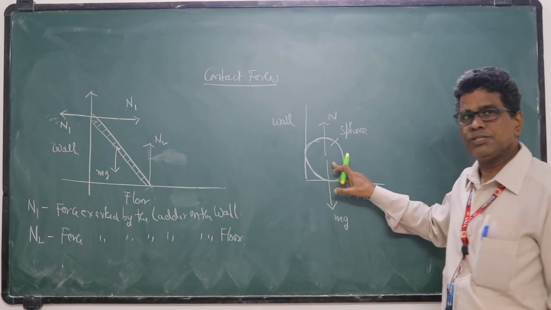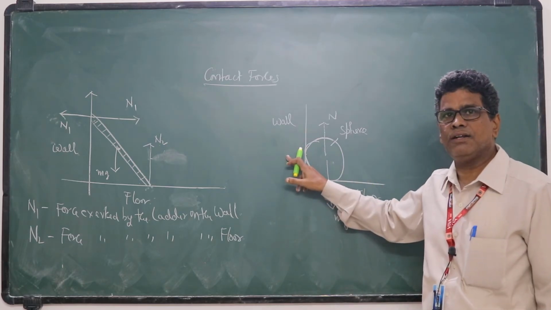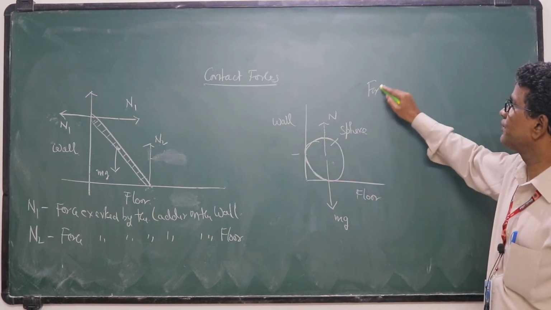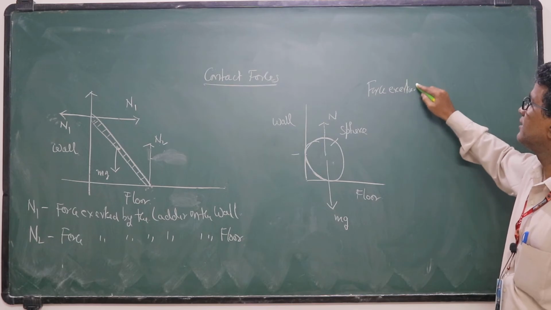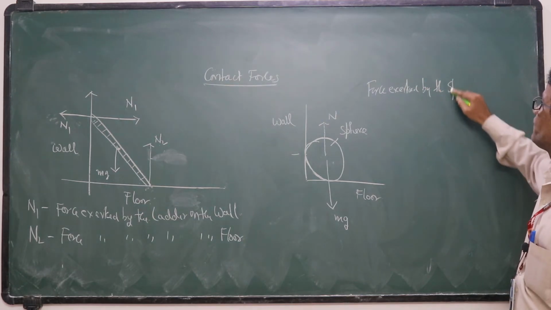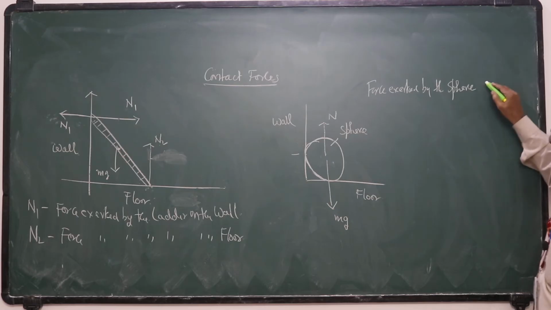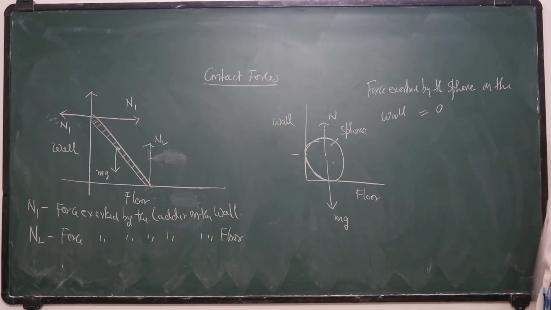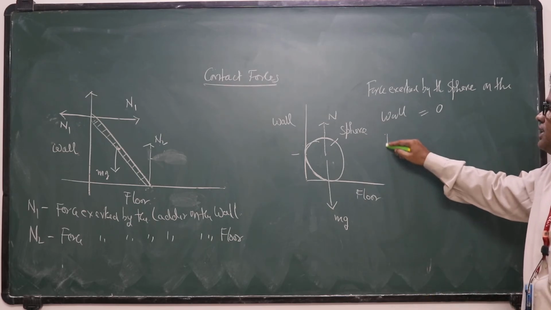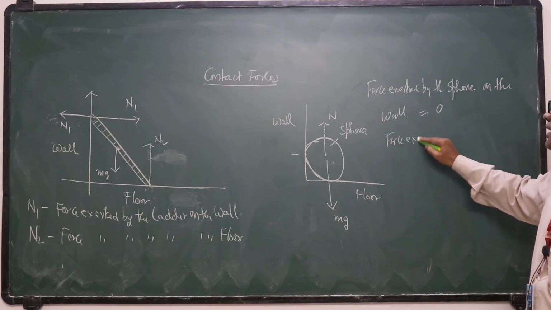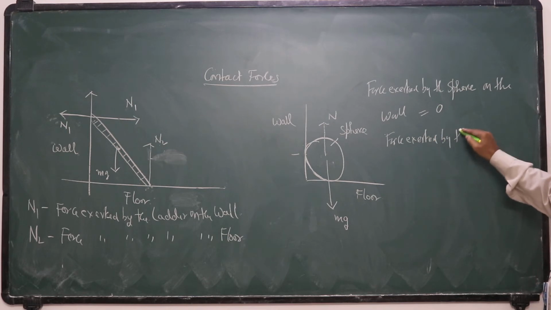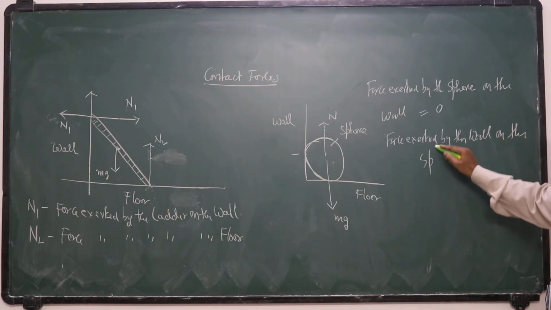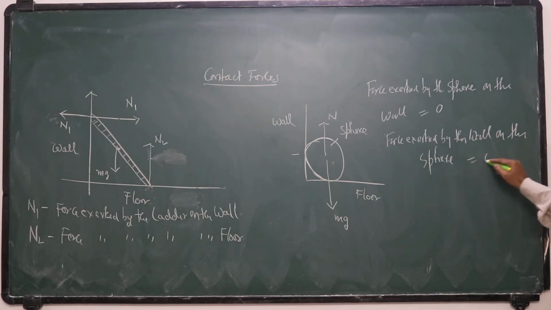Suppose this sphere does not exert any force on the wall, then there is no normal reaction here. So the force exerted by the sphere on the wall is 0. Then what is the force exerted by the wall on the sphere? Can you say? It is also 0.